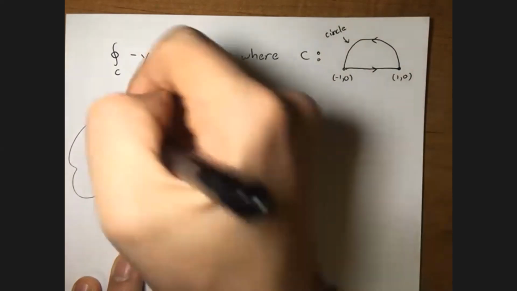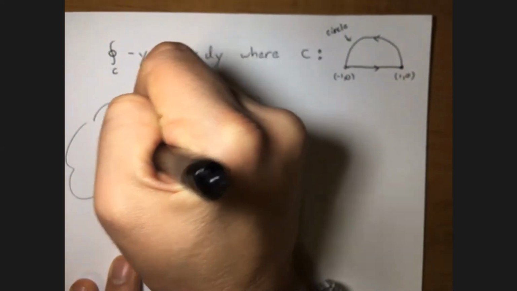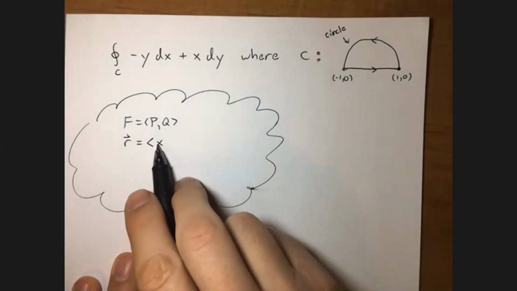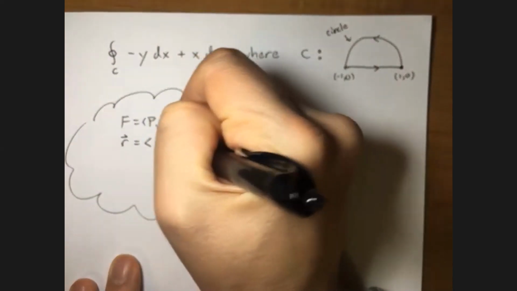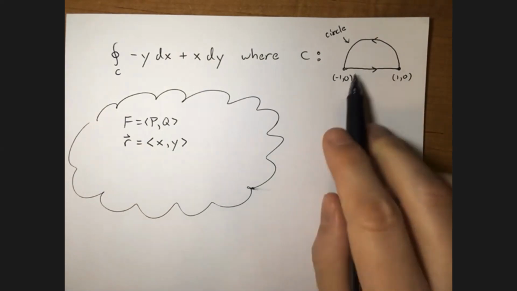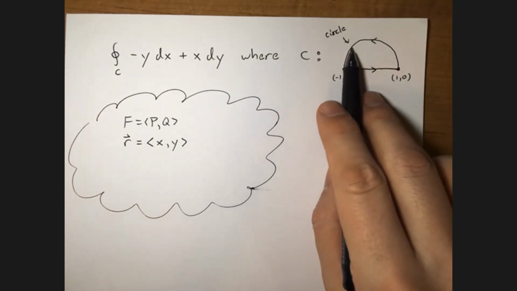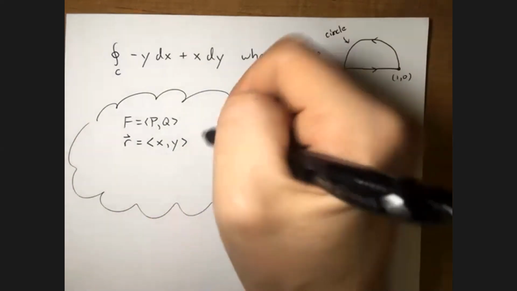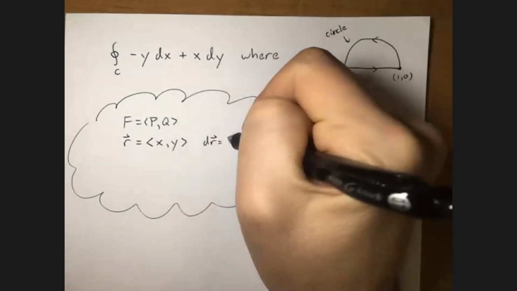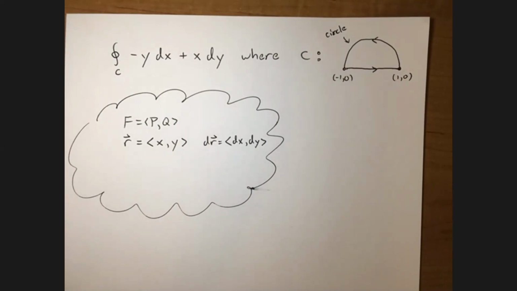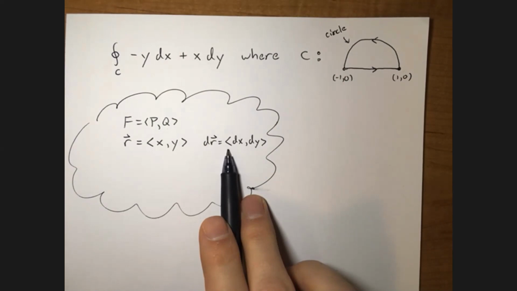R, the curve, can be thought of as x, which is a function of t, and y, which is a function of t, because every point here has an x and a y coordinate. So they're both functions of t. So when I take dr, I have dx, comma dy.